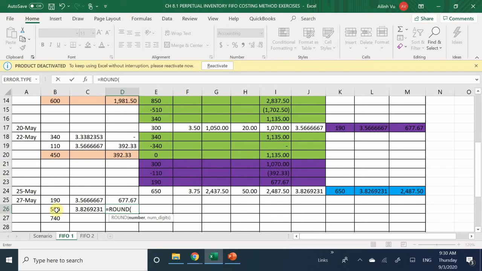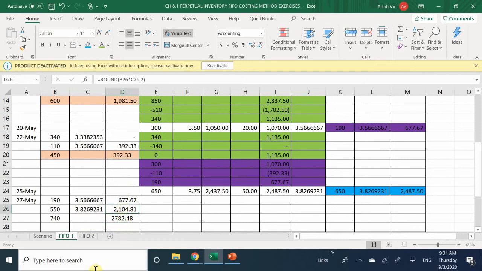So I'm going to solve this one times this one, comma, and I want 2 decimal points. Okay, so there you go. Now we have 2,782.48.